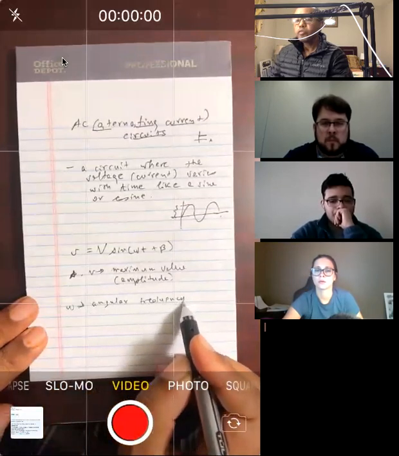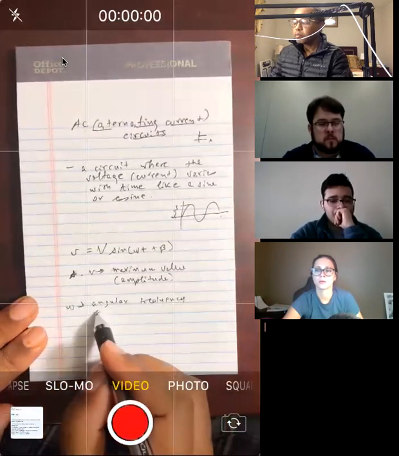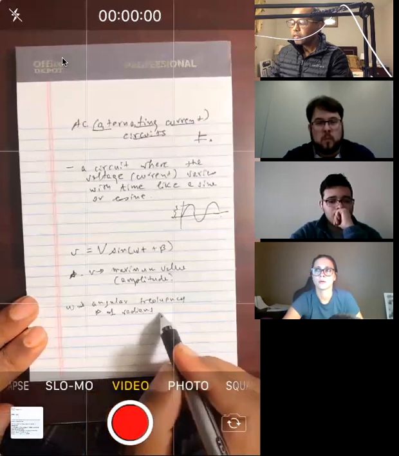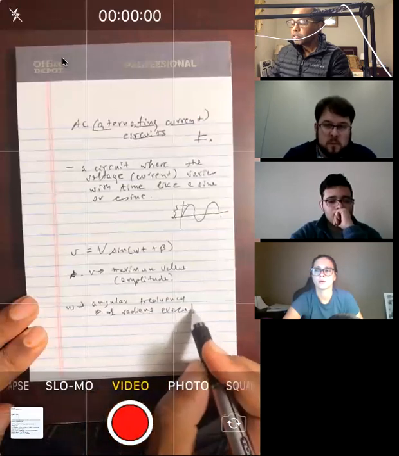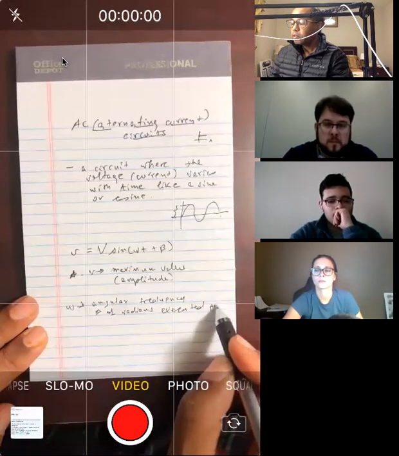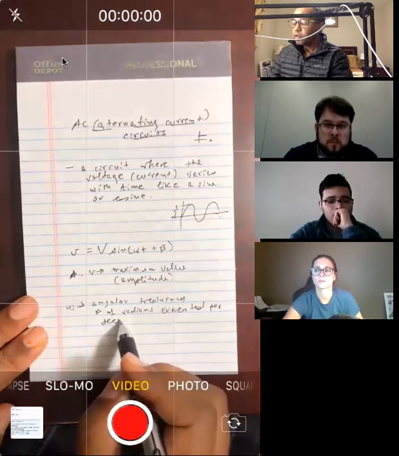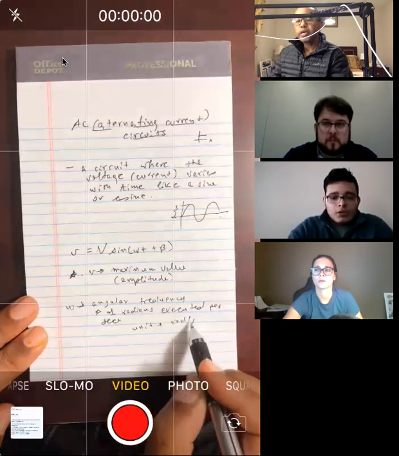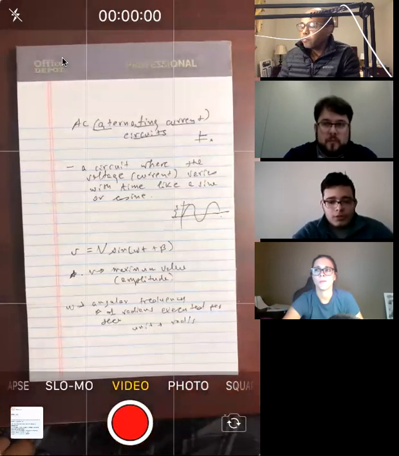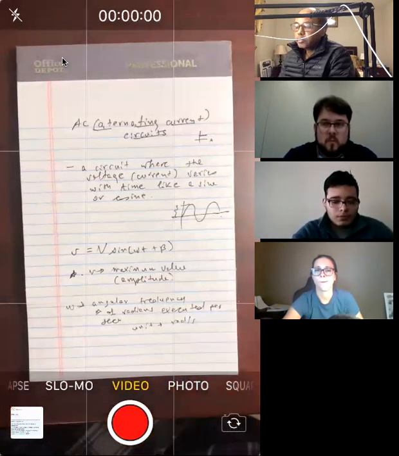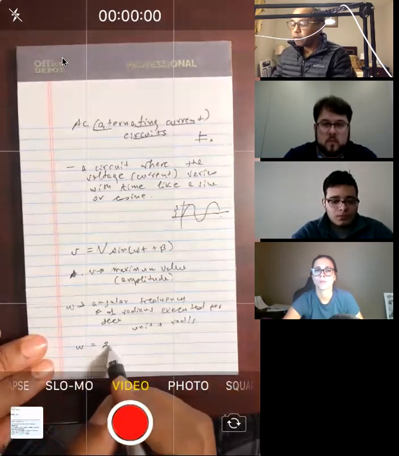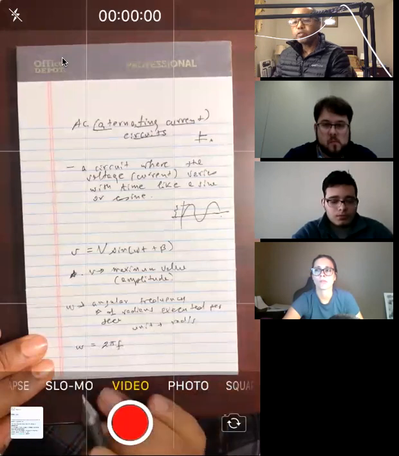It's the number of radians executed per second. So the unit for this one is radians per second. And it's related to frequency. Since there are 2 pi radians in one cycle, omega is 2 pi times the frequency.